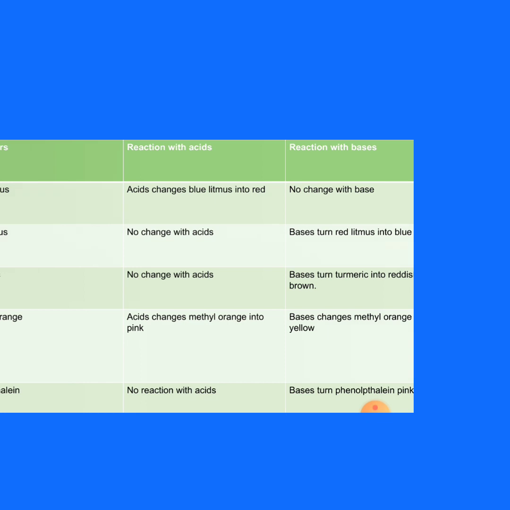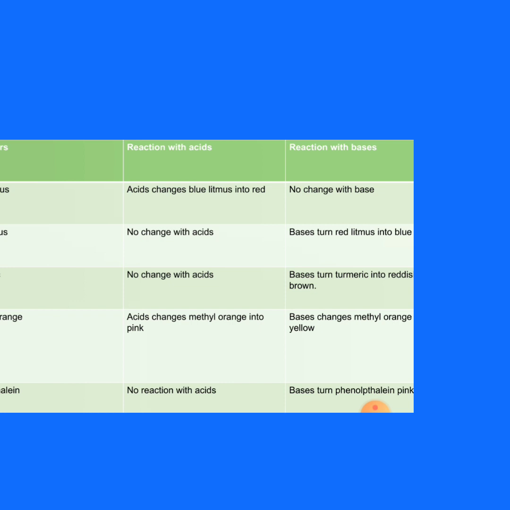So now we summarize the indicator tests for the reactions with acids and bases. Acid changes blue litmus into red. Base does not show a change with blue litmus. With red litmus, acid does not show any change in color, but with the base, the red litmus changes into blue.